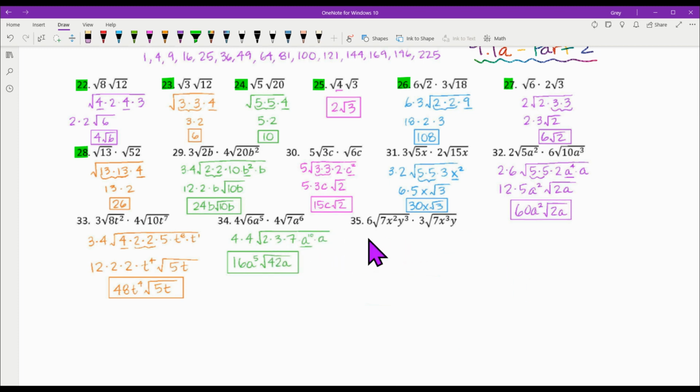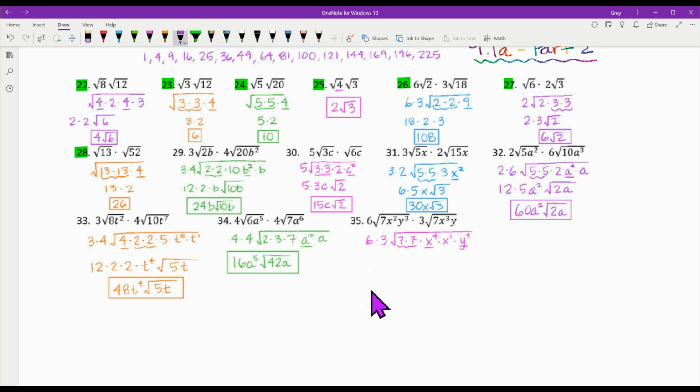All right, 6 and 3 on the outside, 7 and 7 on the inside, and then I have 4 x's with 1 left over because that's 5 x's. And then y to the 3rd and 1 y is y to the 4th. 2 7s is a perfect square.